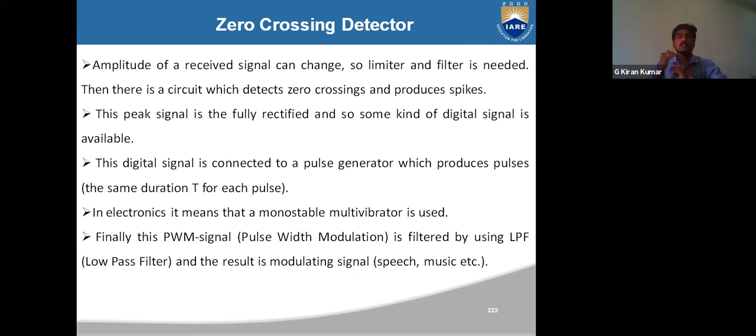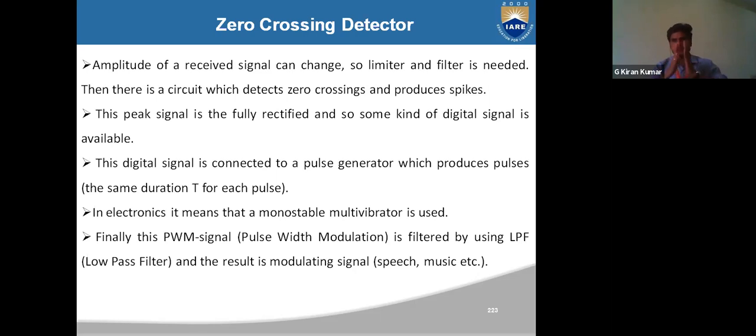So the limiter and filter are needed to handle that signal amplitude in the zero crossing detector. That's why the procedure in the zero crossing detector produces some spikes.